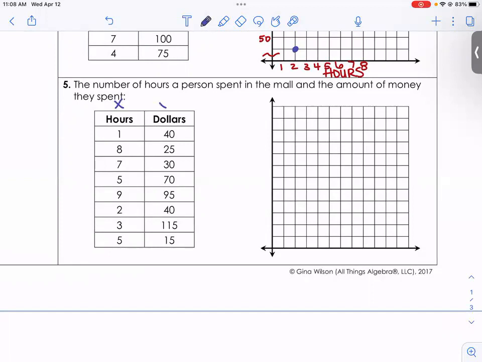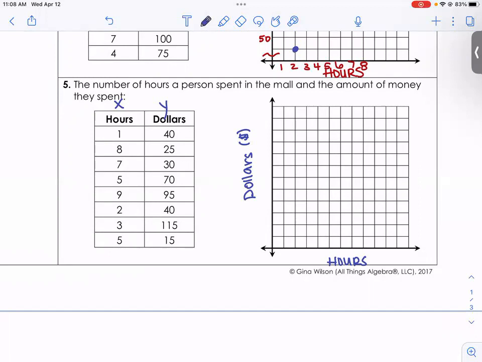So here's our X, here's our Y. We're going to label hours down here, hours at the mall versus dollars. Money, money, money. Let's look at our hours.